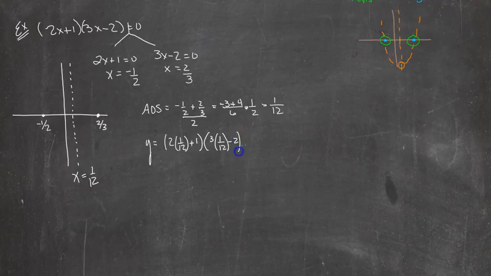And it looks like it's not going to be such a big deal because look, 2 divided by 12 is just 1/6 plus 1 times 3 divided by 12 is 1/4 minus 2.